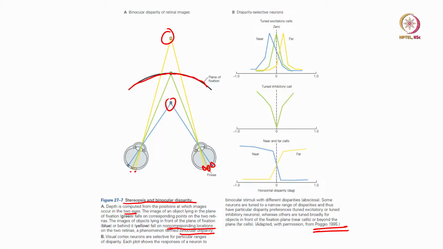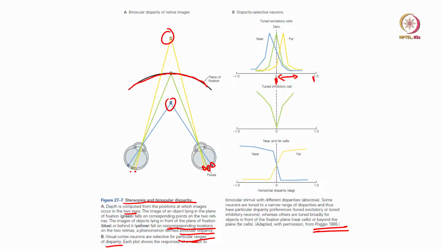Visual neurons are selective for particular ranges of disparity. That is a key term here, range of disparity. Each plot shows the response of a neuron to binocular stimuli based on the deviation from the center.